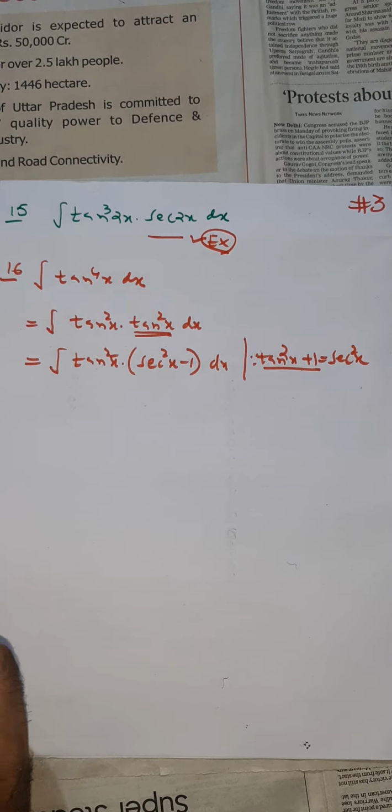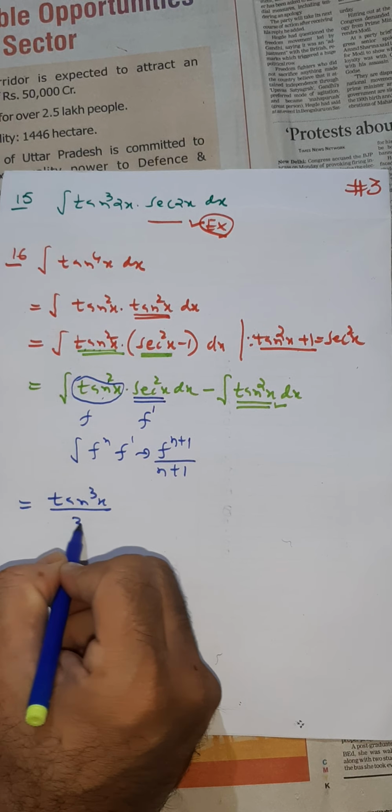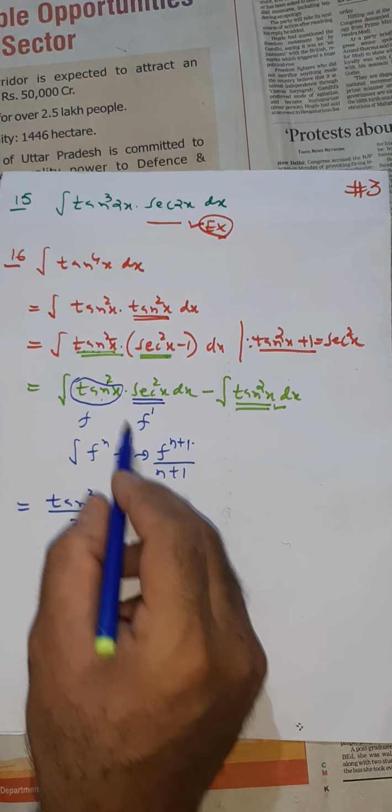If you just notice it, it is one of the standard formulas. Imagine this is like f, and the derivative of tan is sec square, so this is f dash. So if you use this formula, the integral of f raised to n into f dash is f raised to n plus 1 upon n plus 1. So what's the power of tan here? Square plus 1, so it becomes tan cube upon 3. Increase the power by 1.